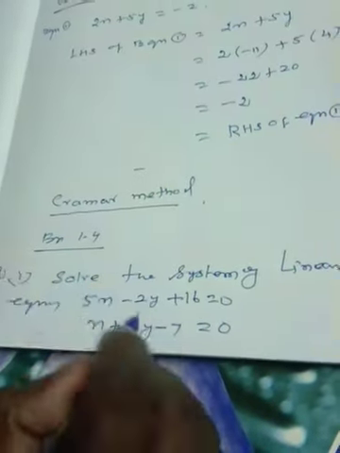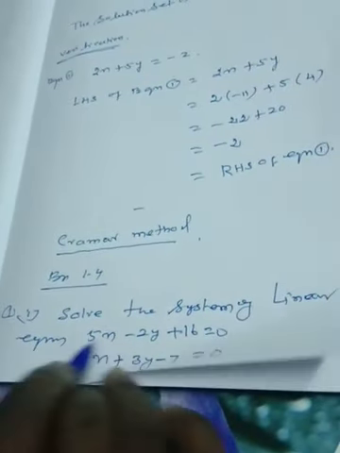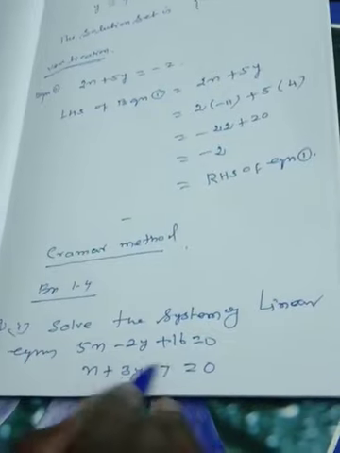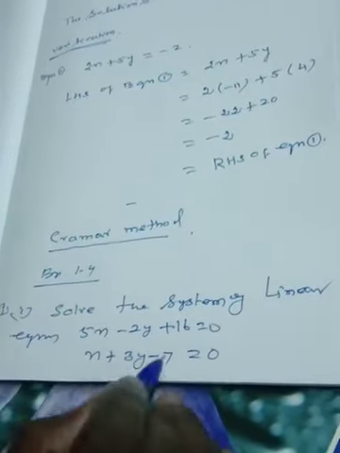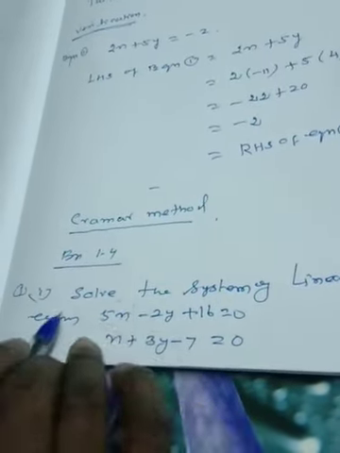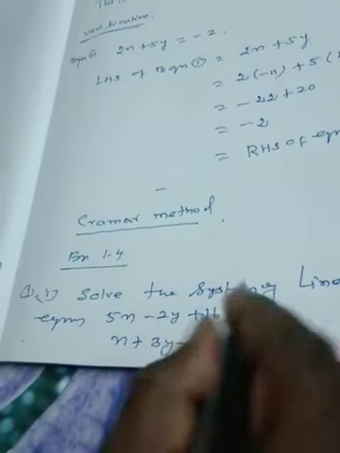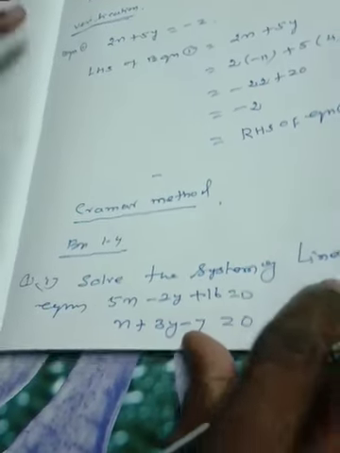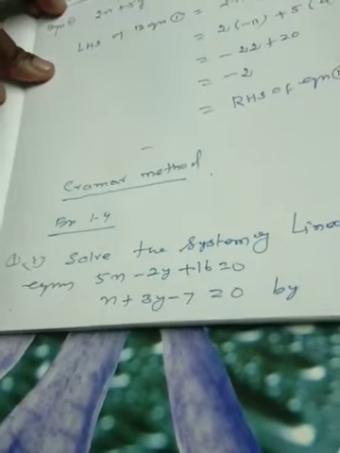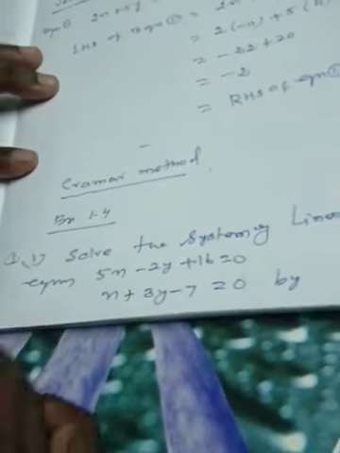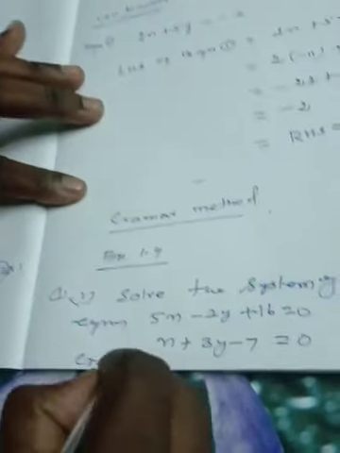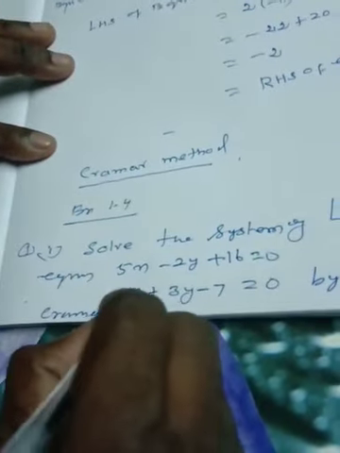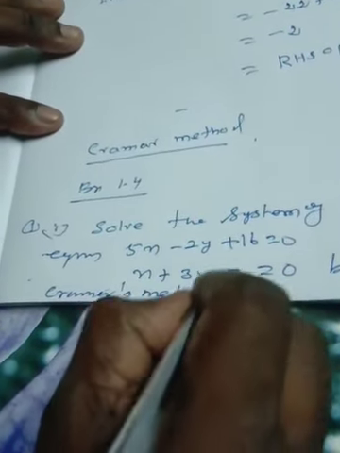Now, the two equations are linear equations, a relation between x and y. Solve the system of linear equations by Cramer's method. First, we have to take the individual equations.